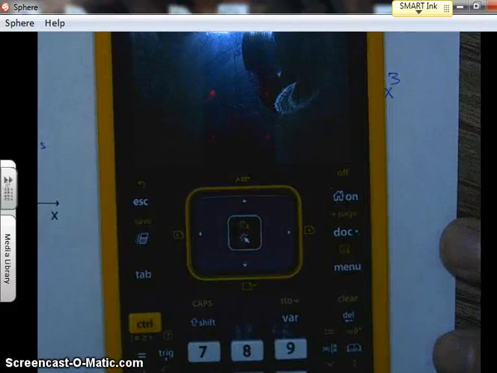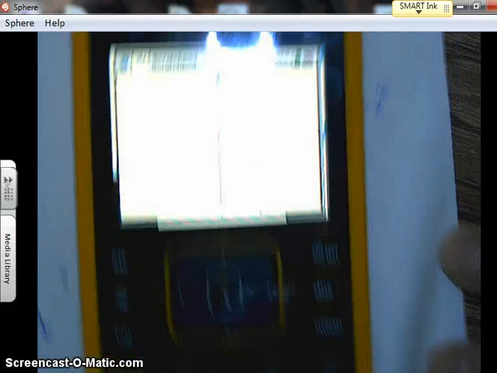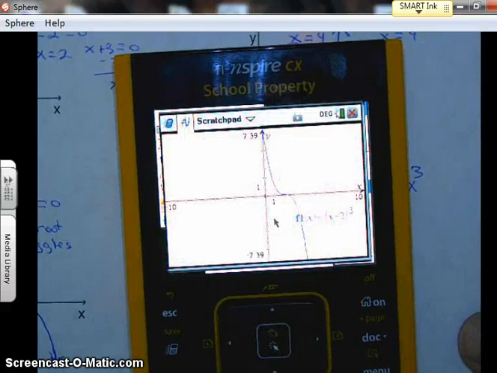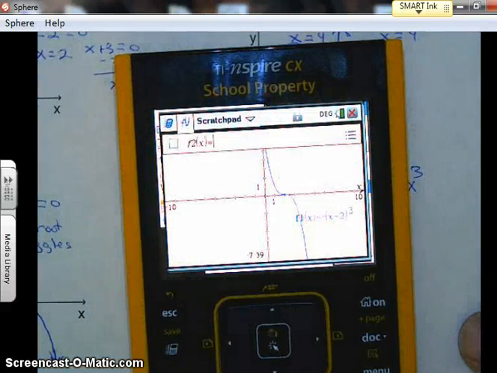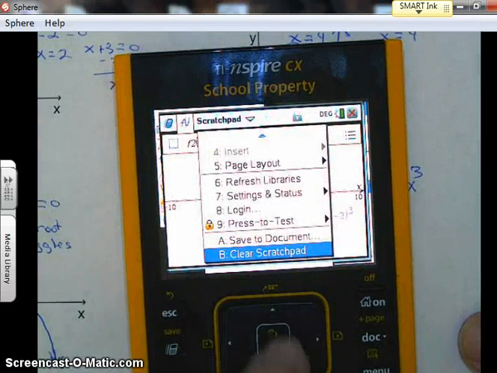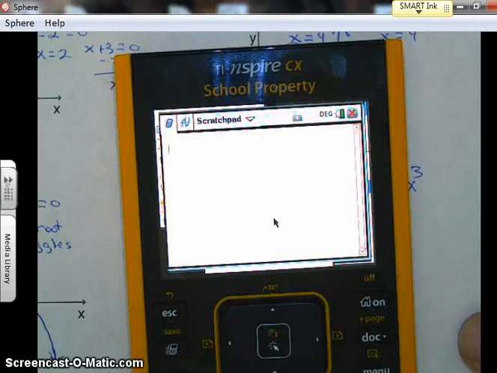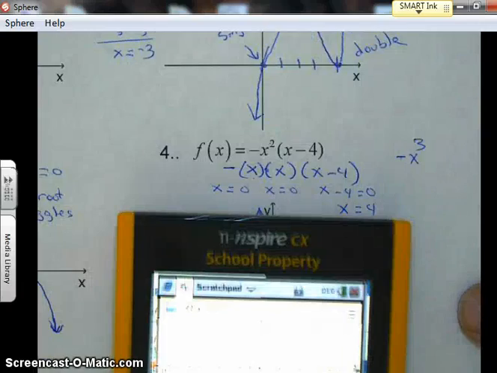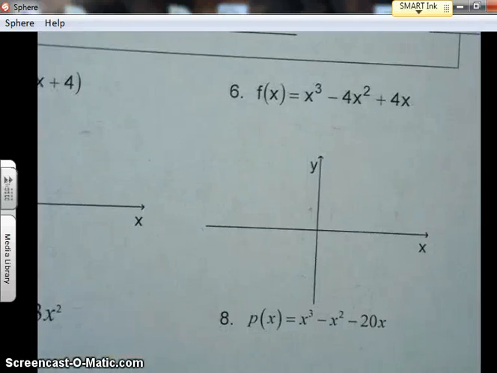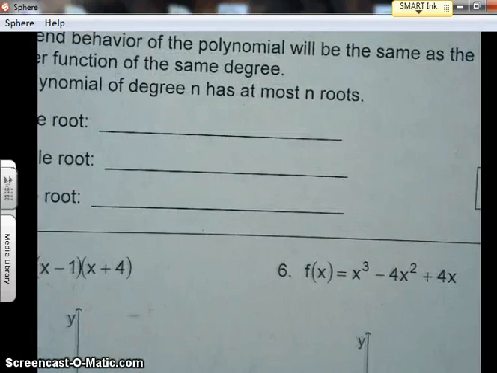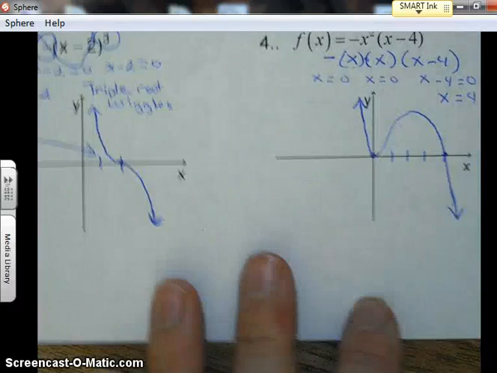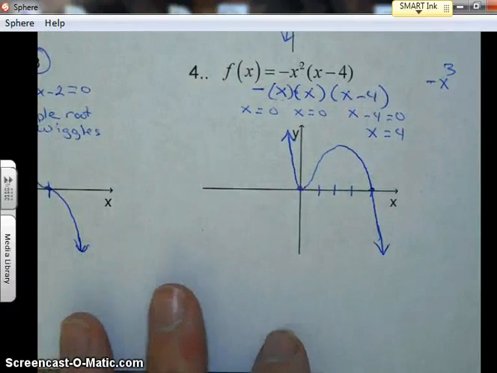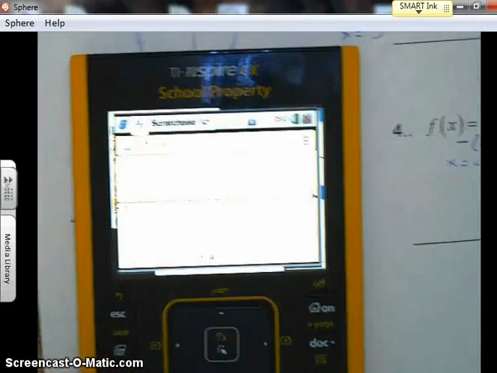So let's go ahead and turn that back on. Let's tab. I want to get rid of that. So doc, up, clear scratch pad. Let's press scratch pad and let's plug it in. All right.